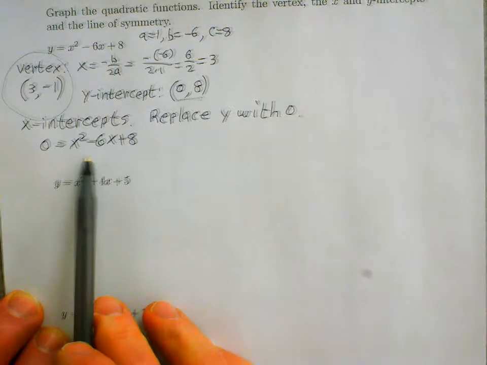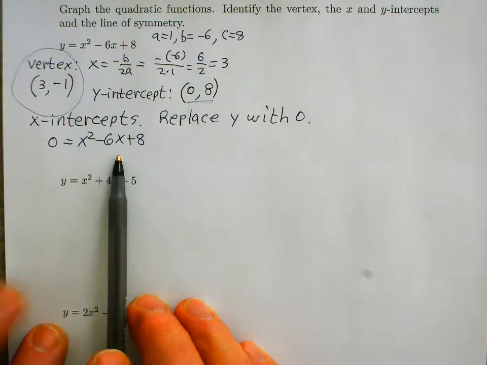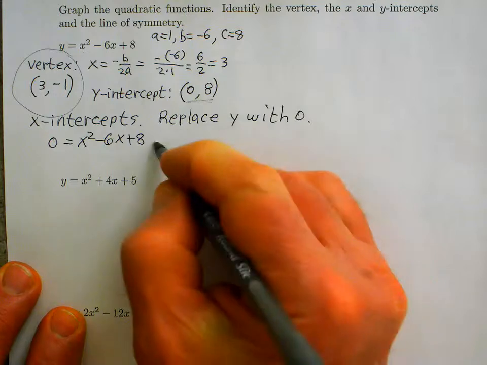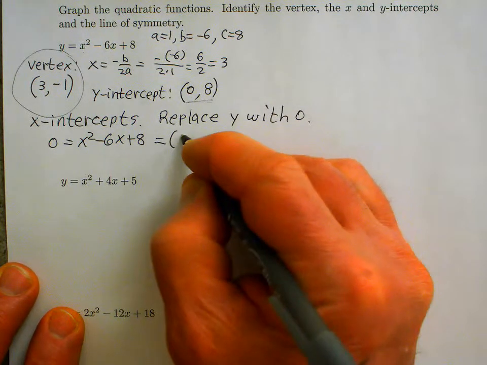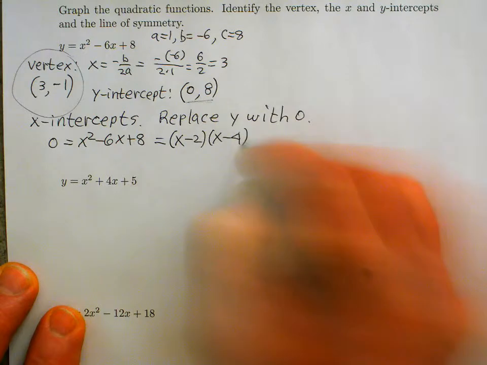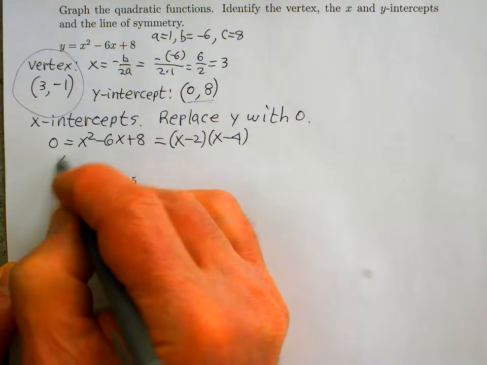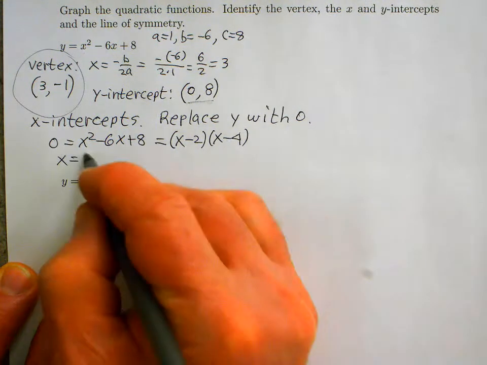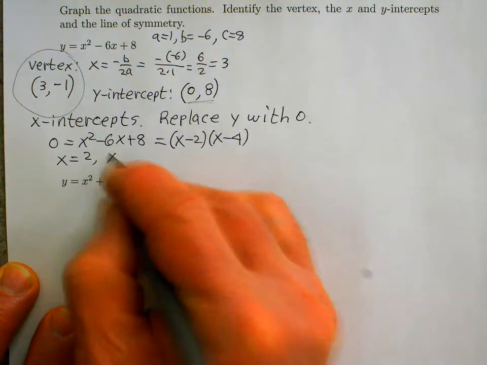And we know how to solve any quadratic equation. This one, we can solve it easily by factoring. One factor is x minus 2. The other one is x minus 4. So the two solutions to that equation are x equals 2 and x equals 4.